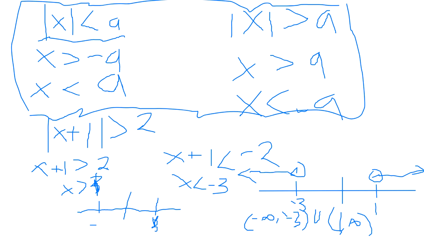Now if I give you this: absolute value of 7 minus 3x greater than or equal to 12.